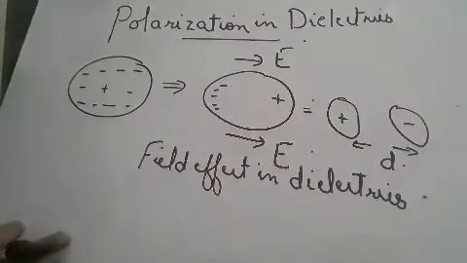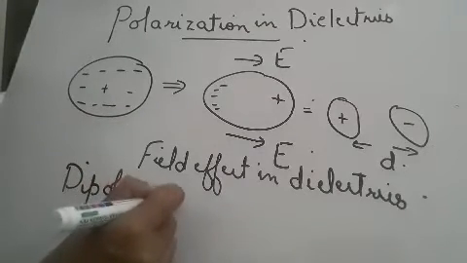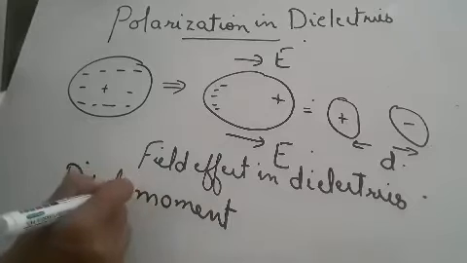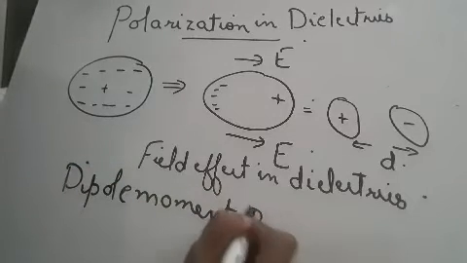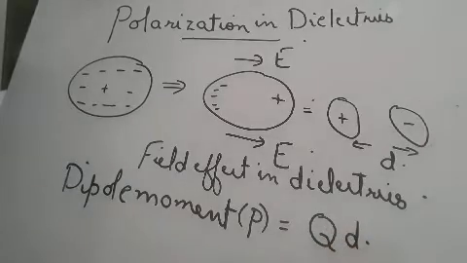So we are denoting a new term, which is dipole moment. Dipole moment is represented by small letter p, which is equal to one of the charges times the distance between the charges.